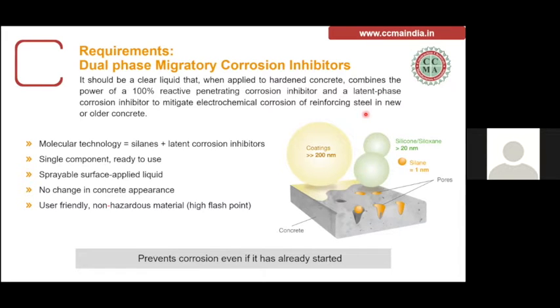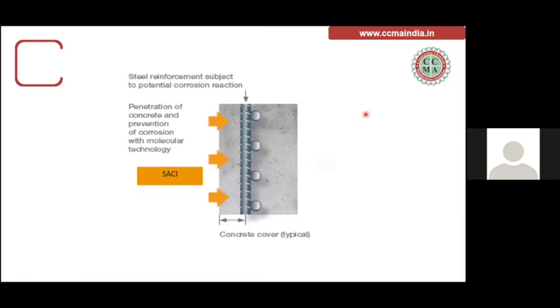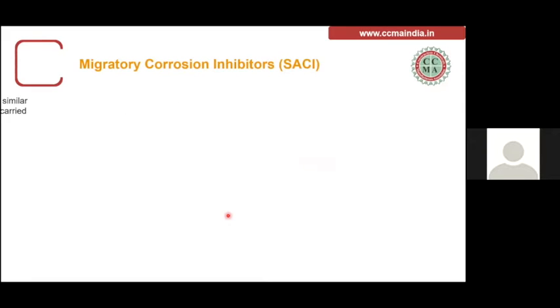And that is the reason we should apply it on the concrete, because it has to penetrate. The more it penetrates inside, the better the protection of our reinforcement bars, and the overall service life of the structure is going to increase. So that's how the mechanism occurs: it finally penetrates through the concrete to the reinforcement, forming a passive layer on the reinforcement bar.